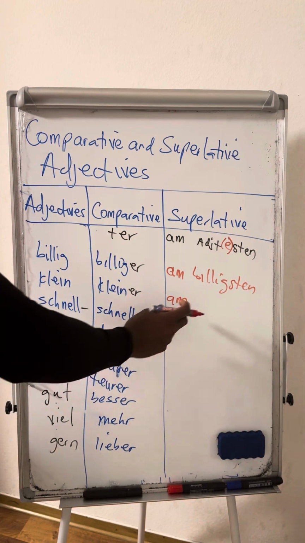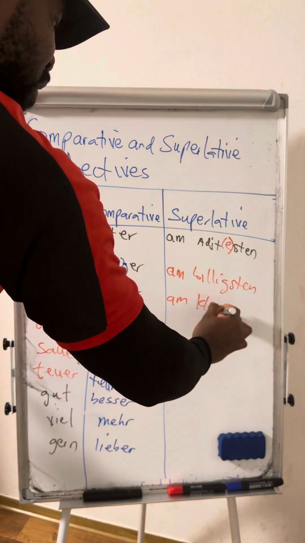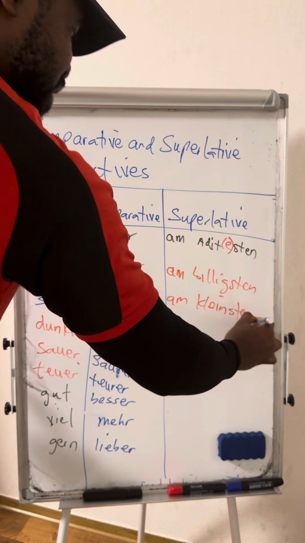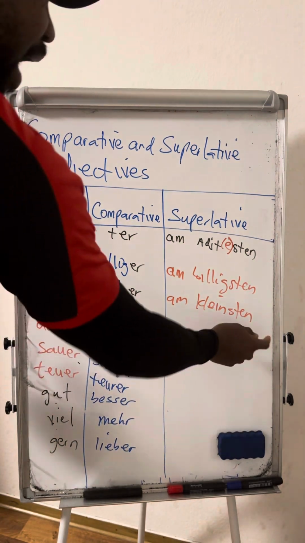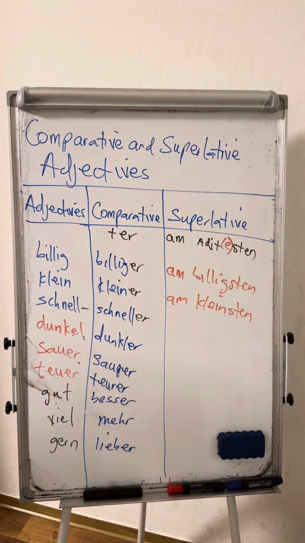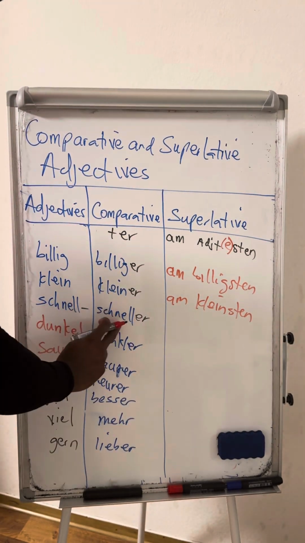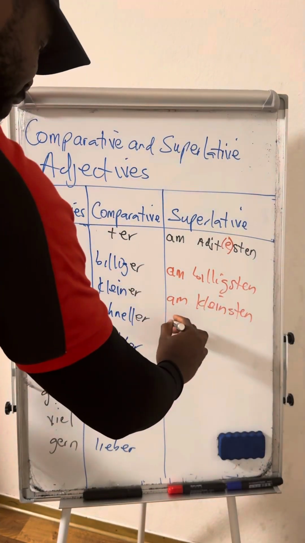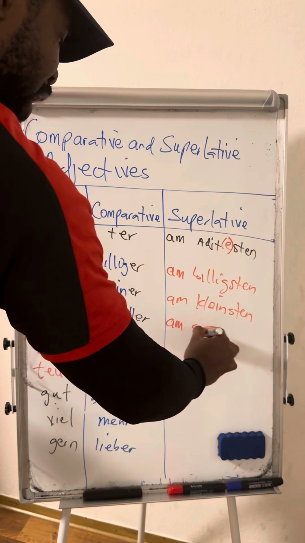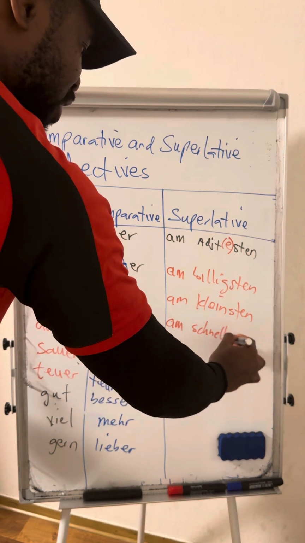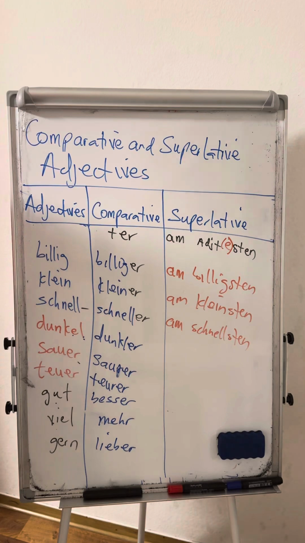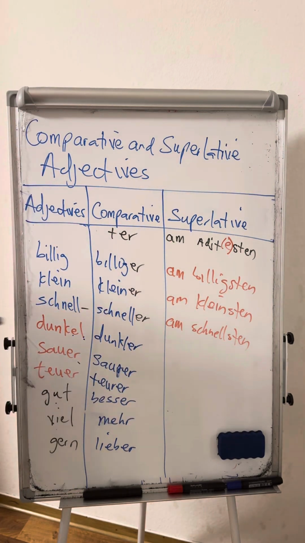So your smallest will now be am plus klein, and you add sten. So am kleinsten. You understand? Schnell, schneller, fast, faster, fastest. So to form your fastest, you bring down am and schnell and you add esten, giving you am schnellsten.